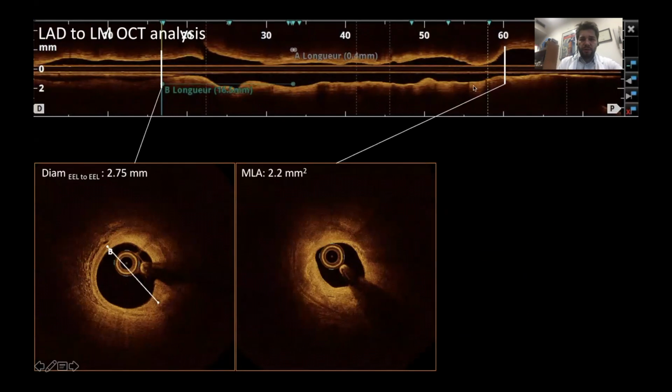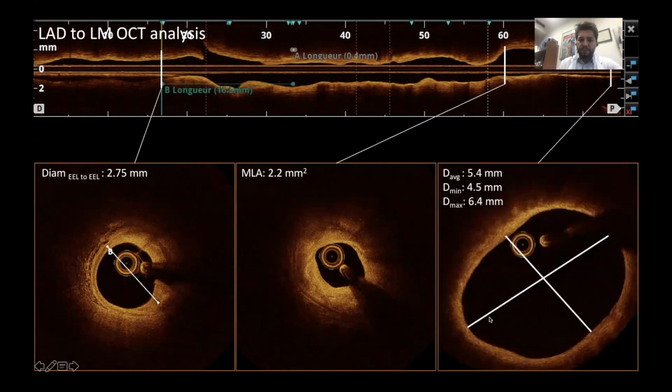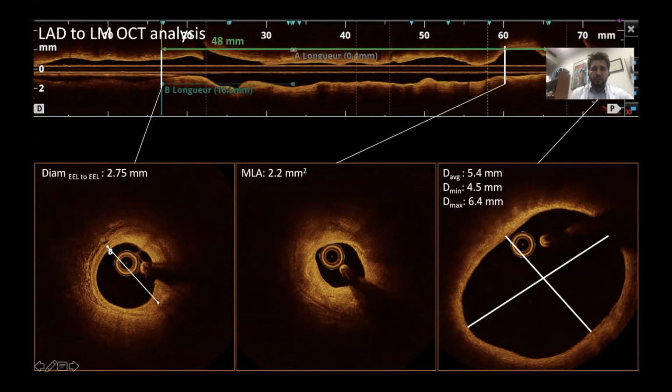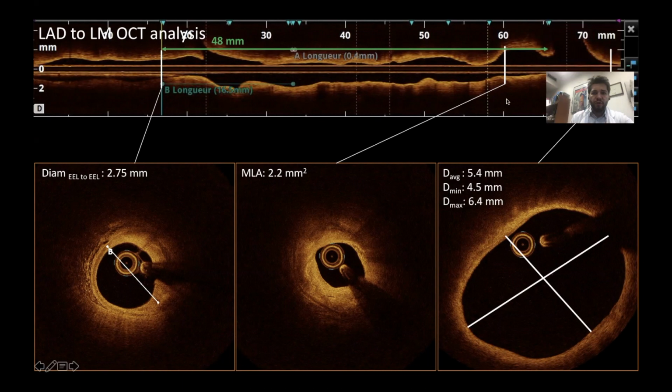Here the MLA was 2.2 square millimeters, but the left main dimensions were huge, with a maximal luminal diameter measured at 6.4 and a minimal 4.5. So the complete length of the lesion was measured to 48 millimeters from the ostium to the landing zone.